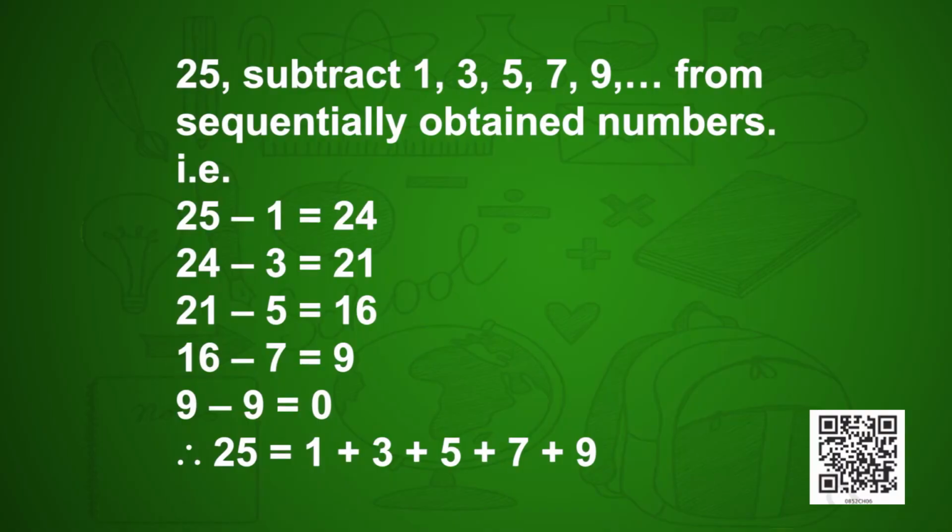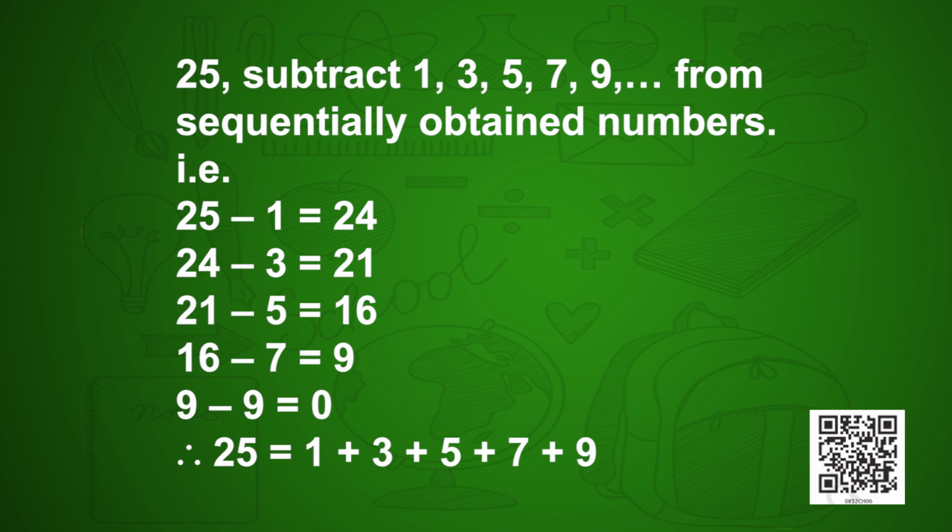To check whether 25 is a square number, you start subtracting the odd natural numbers starting from 1. Say for example, here we have 25. So, we are going to subtract the first odd natural number 1. So, 25 minus 1, we get 24. From this number subtract the next odd natural number, which is 3. So, 24 minus 3, we get 21.